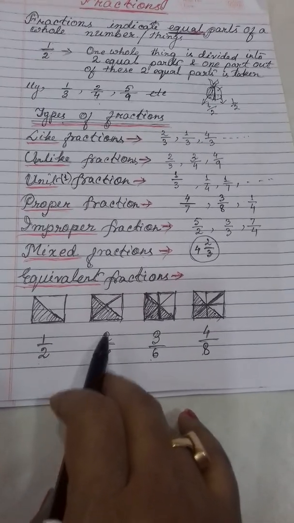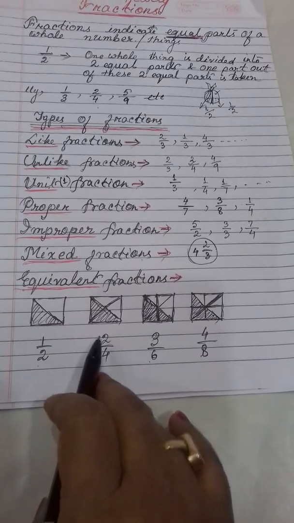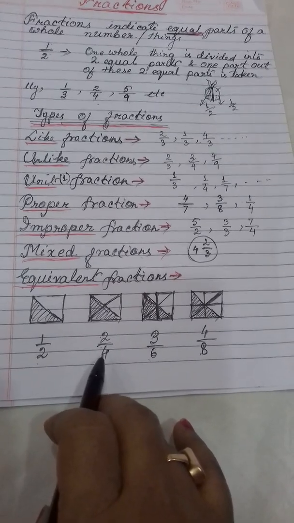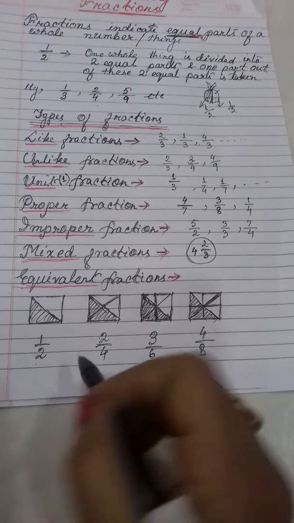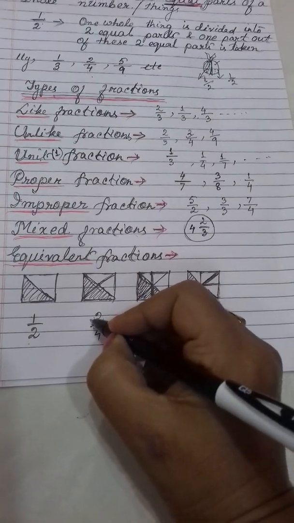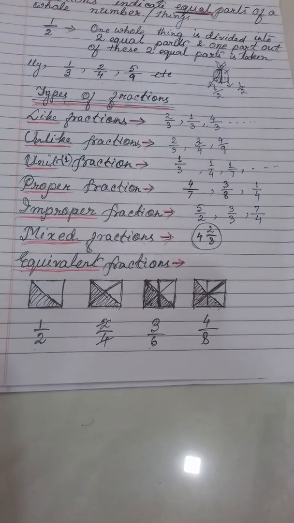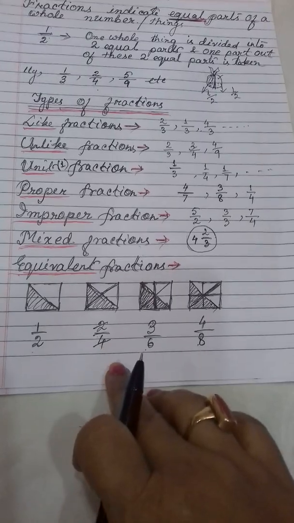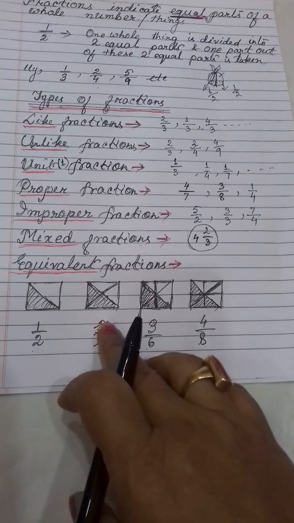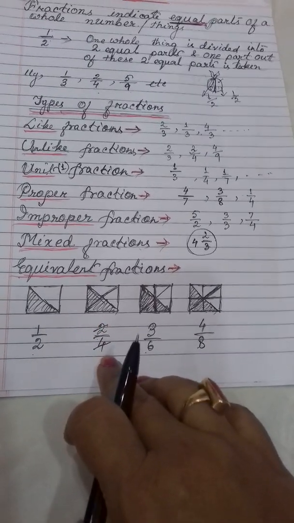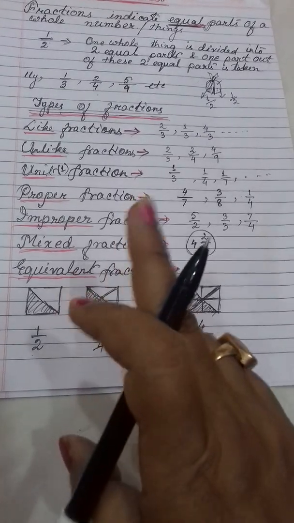Now 2 by 4. Though 2 is a prime number, 4 is a composite number and both are even numbers. So if you want to simplify this fraction, this is the main rule. When you simplify numerator and denominator, you have to simplify with the same number.